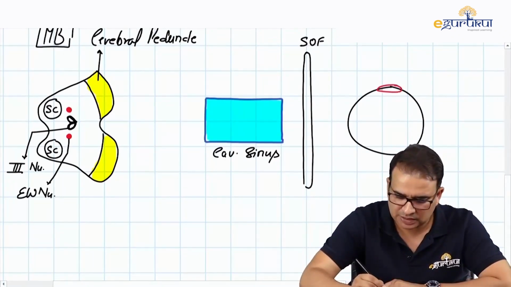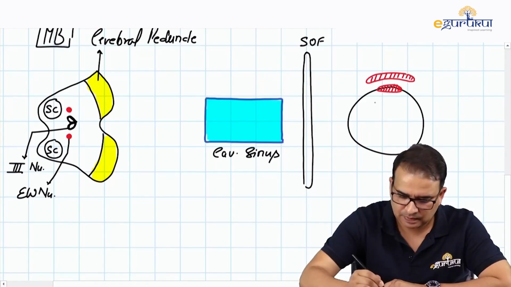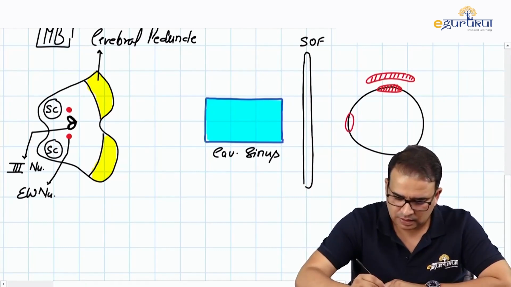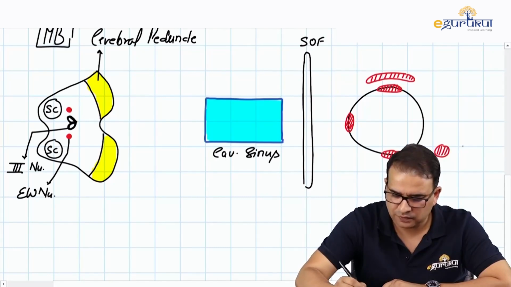We have the superior rectus, which is overlapped by the levator palpebrae superioris, LPS. This is the medial rectus. We have the inferior rectus, and here is the inferior oblique.